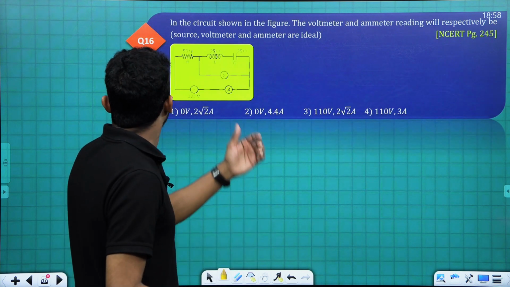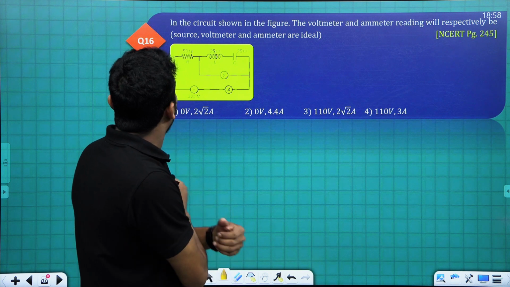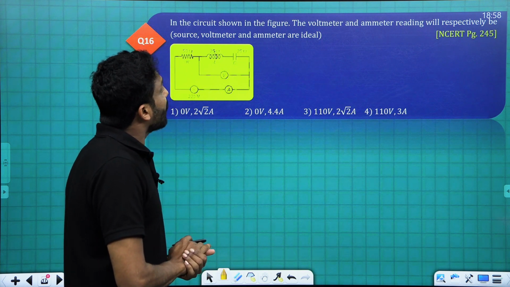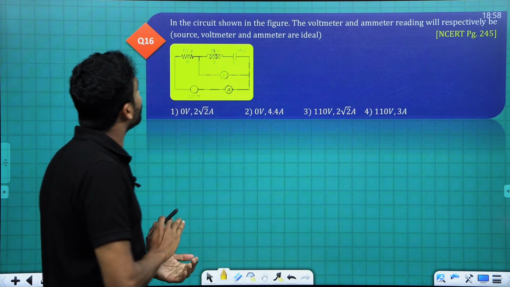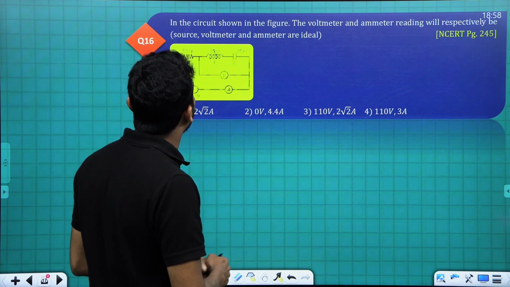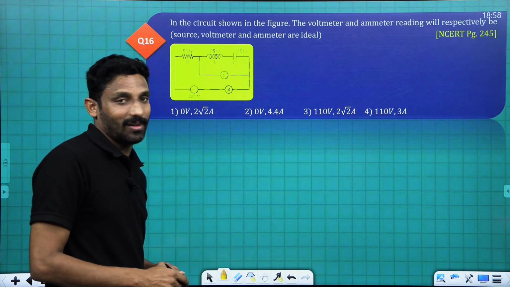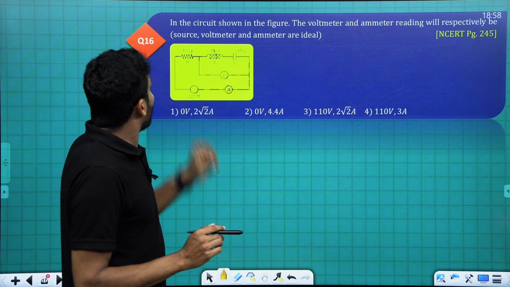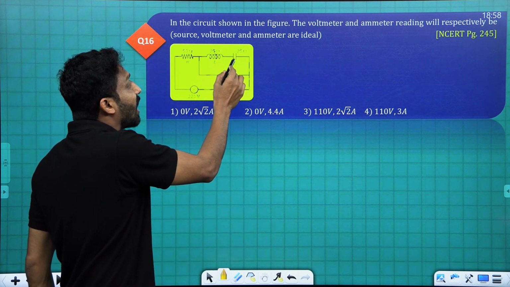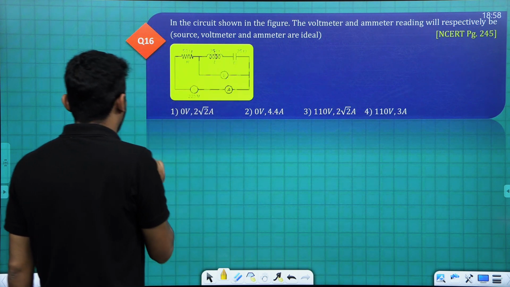The 16th one is, in the circuit shown in the figure, the voltmeter and ammeter readings will be, respectively, what? Source, voltmeter, ammeter are ideal. Okay. See, in the figure, the capacitor has reactance equal to 25 ohm.